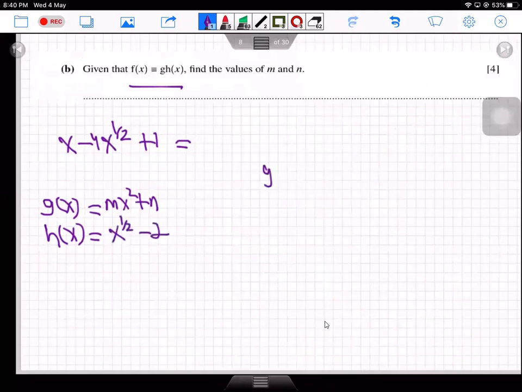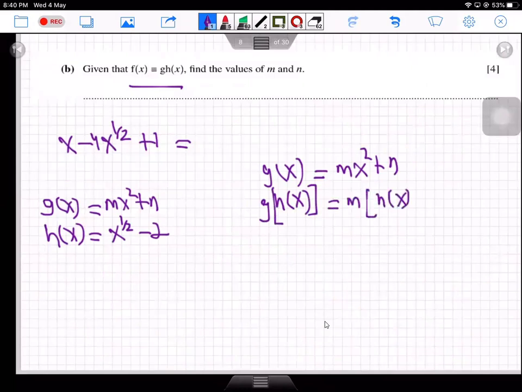So for the function gx, the input is x, so it is mx square plus n. If you make a composite function, the input is now becoming hx. So this would be m multiplied by hx square and then plus n.